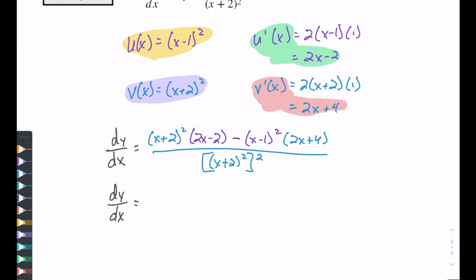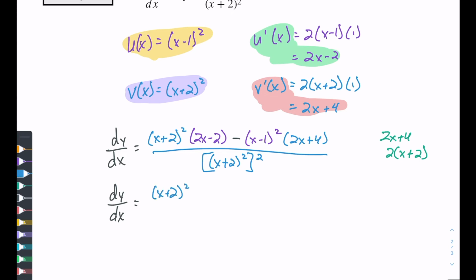Oh, wait. Look at this. X plus 2 squared. This is going to be an x plus 2, right? If I take 2x plus 4, I can factor out a 2, and I'm left with x plus 2. So I've got something that I can simplify out of all of this and with my denominator. So let's do that.